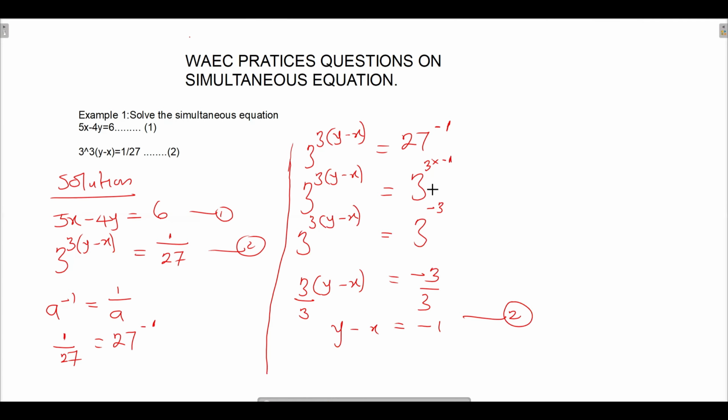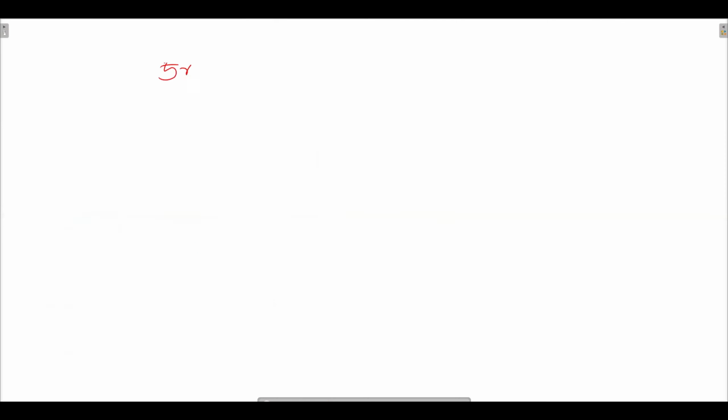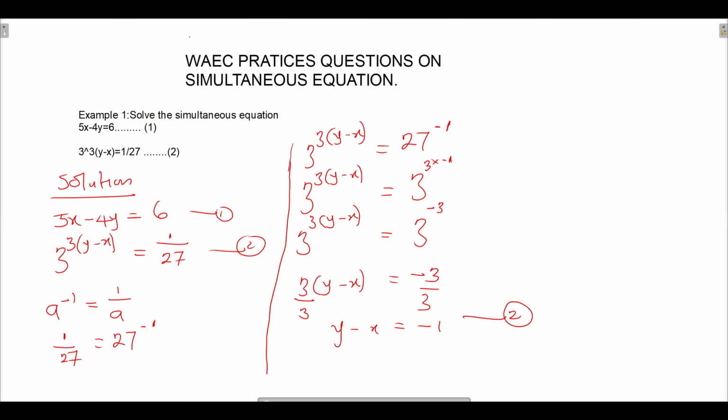Once we have done that, we can now solve the equations simultaneously. Our first equation is 5x minus 4y equals 6.